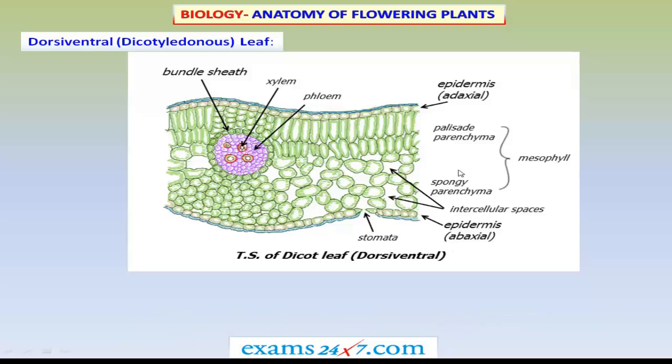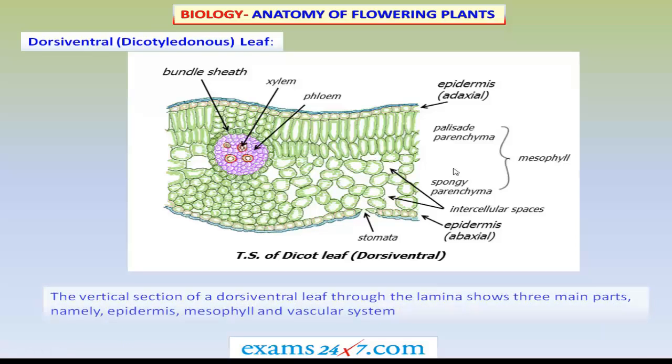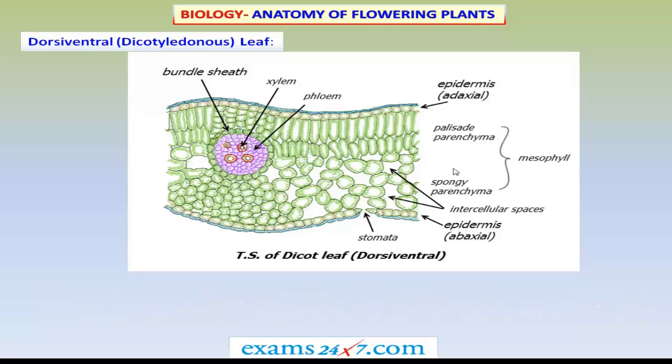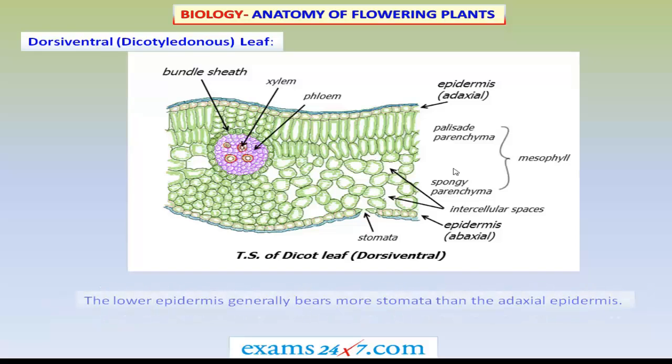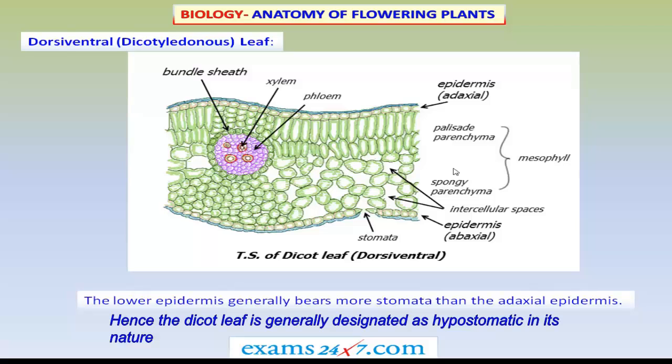In most of the dicots, the lower epidermis generally bears more stomata than the adaxial epidermis or the upper epidermis. Hence, the dicot leaf is generally designated as hypostomatic in its nature.